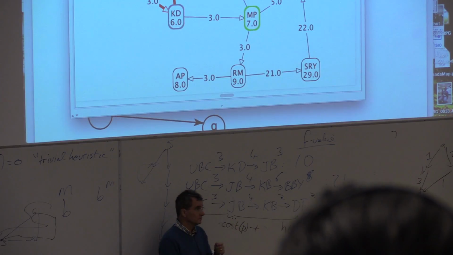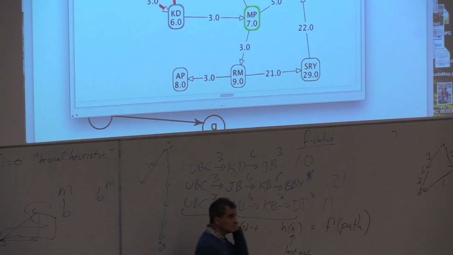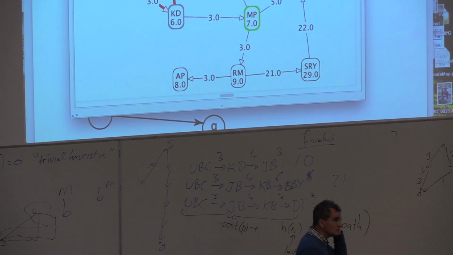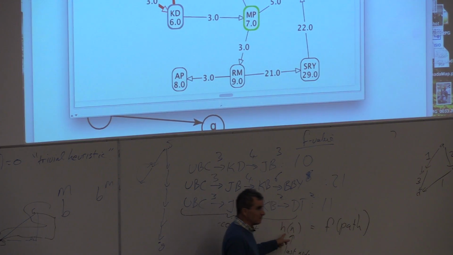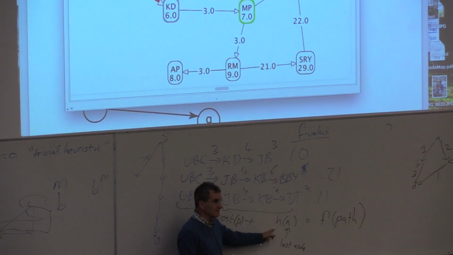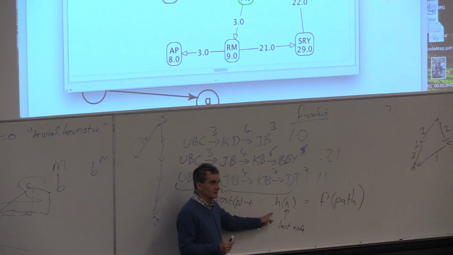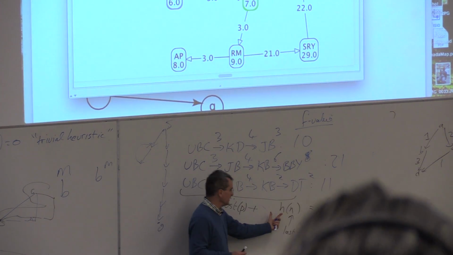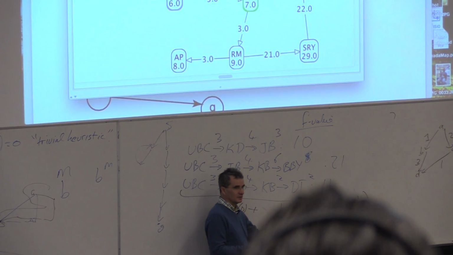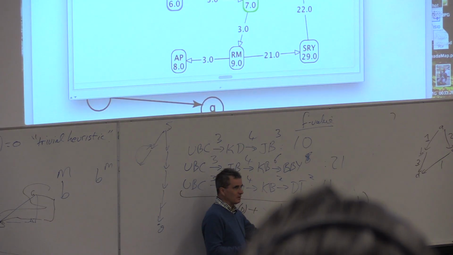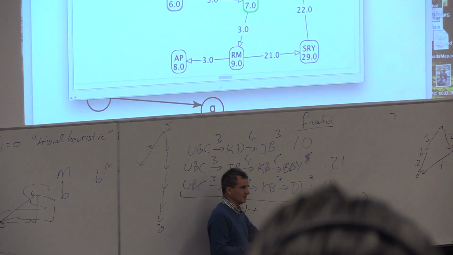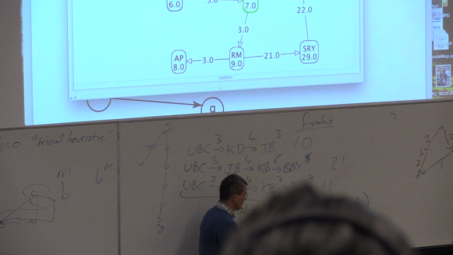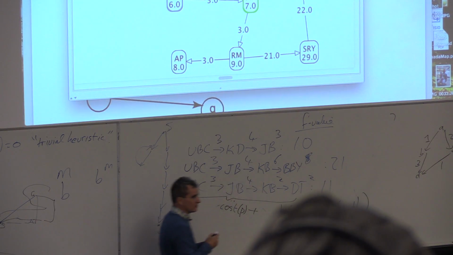Yes? Otherwise, if this is 0, if we ignore this, it's the same as what algorithm? Right, this is lowest cost first if we ignore this.